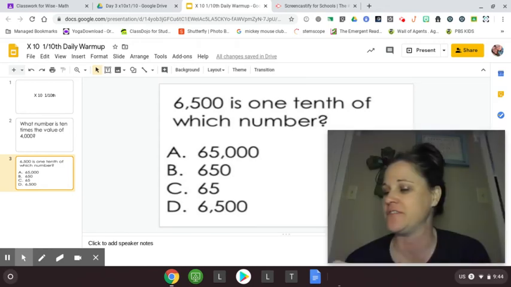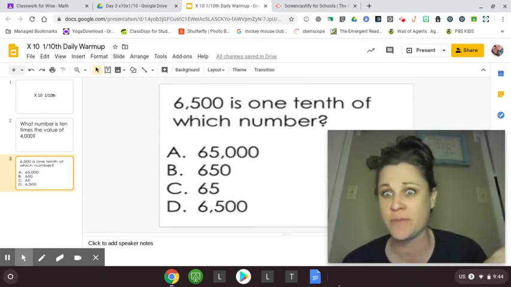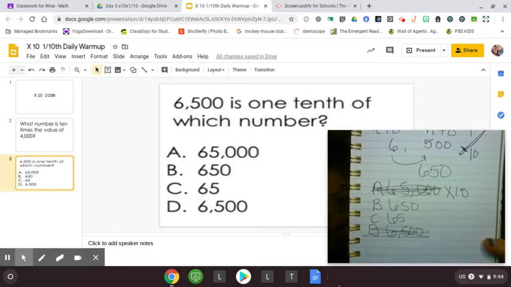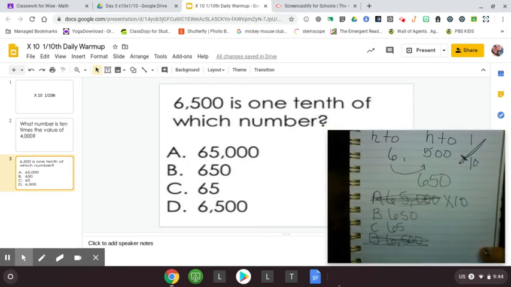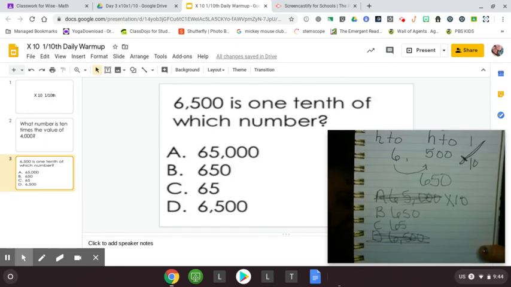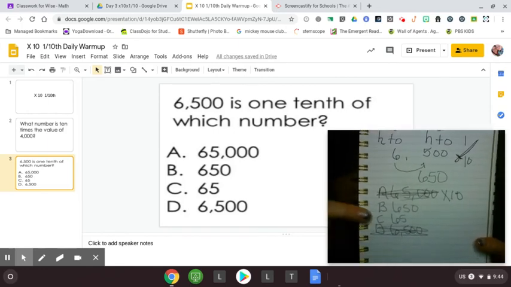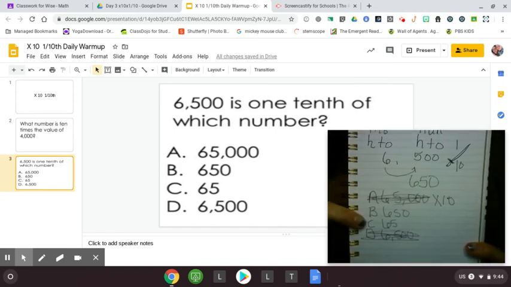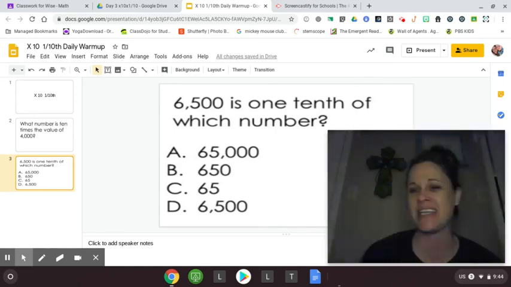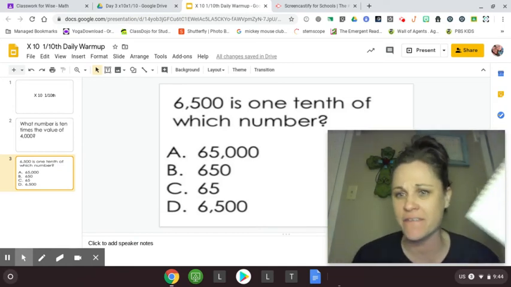So now I'm 50-50 because these numbers are smaller, so I know they're a possibility. I have B or C. What do you think? Yes, definitely B. We've already done it. Your answer's right there. Oh my God, there it is. What happened to C? What did they do on C to get 65?